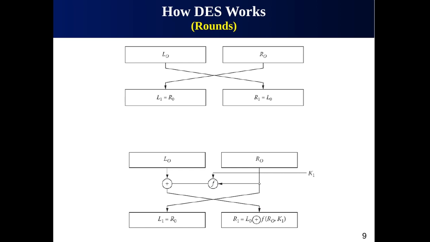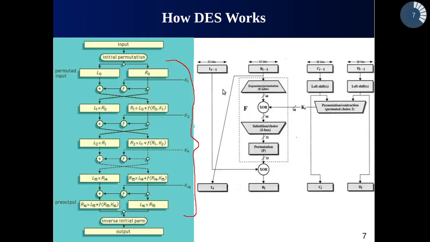One operation used in the DES consists of breaking the 64-bit message block into two halves and then switching the sides, as depicted here. Let me go back here. You see we have 64 bits here, and then we divide it into two halves: 32 bits on the left side, represented by L0, and 32 bits on the right side, depicted by R0.